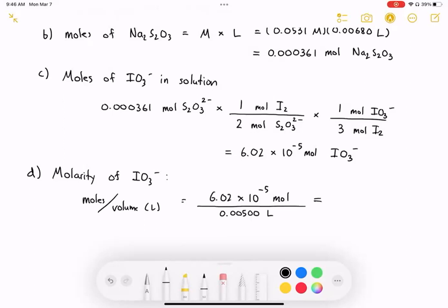So divided by 0.00500. Yes. Okay. So that's actually 0.120 molarity of iodate.